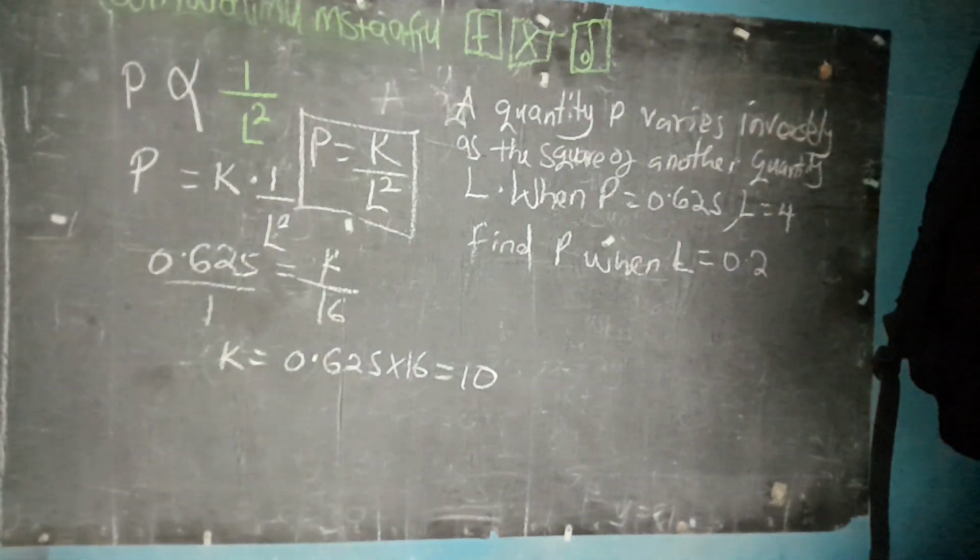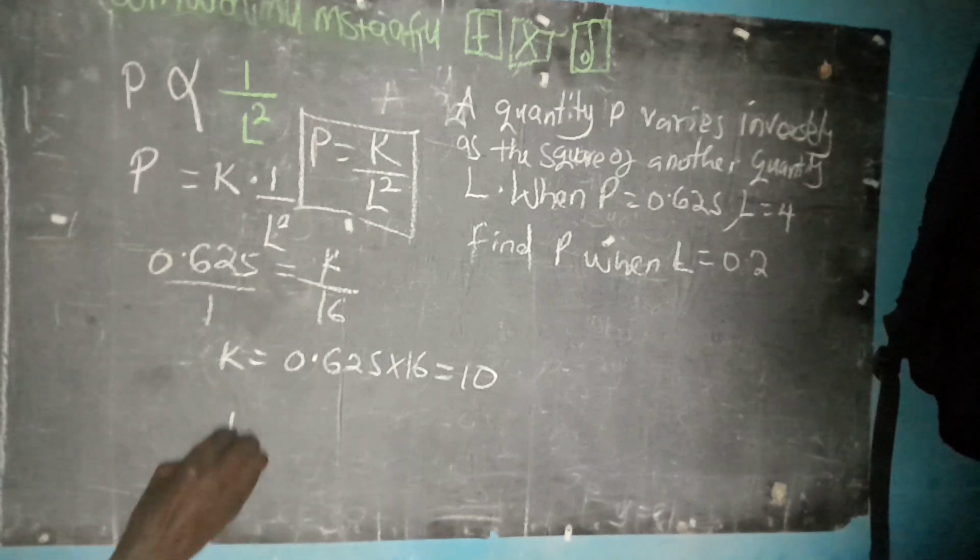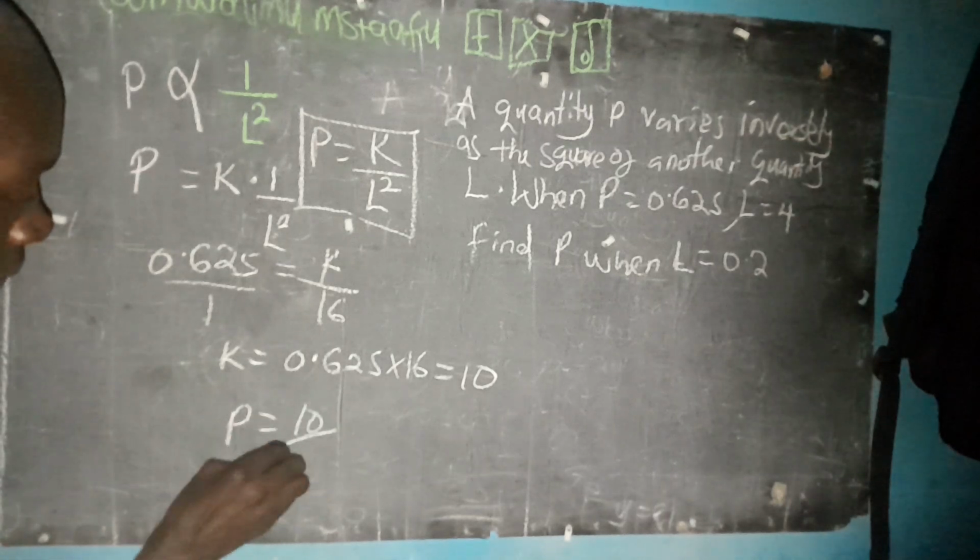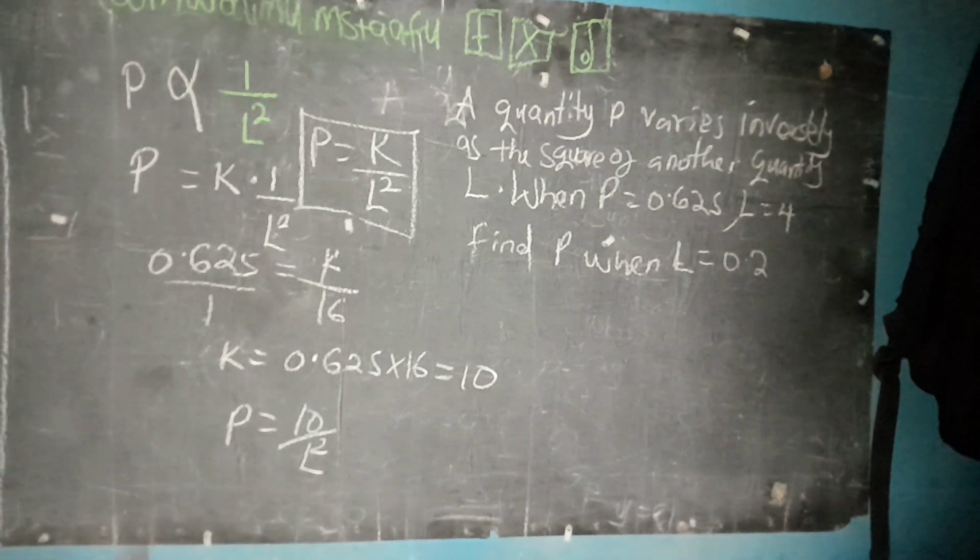The equation that connects the two without k is just P is equivalent to 10 over L squared. That's the connection without the k, because k is a constant, and I've found the constant to be 10. Now I have the equation that connects the two.